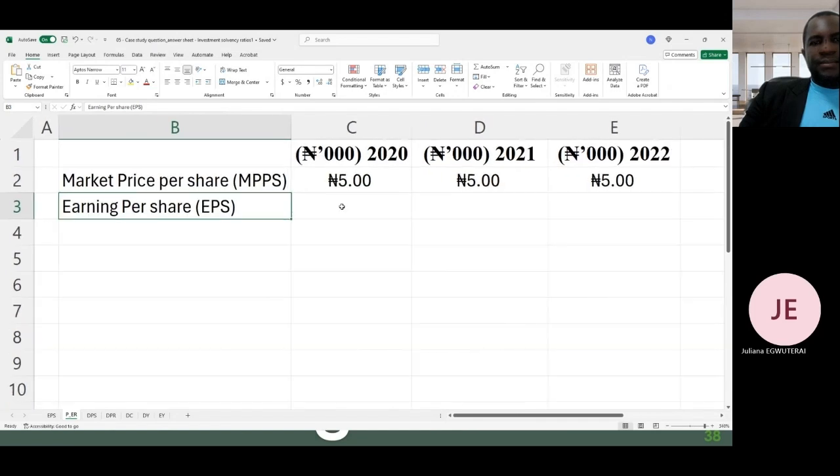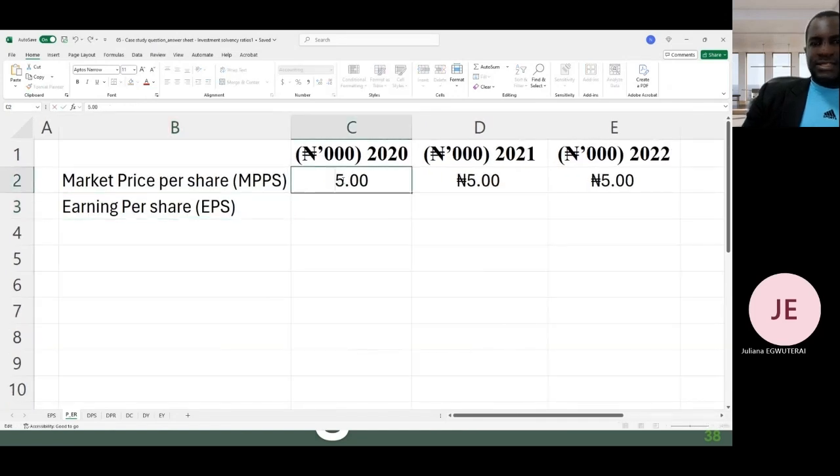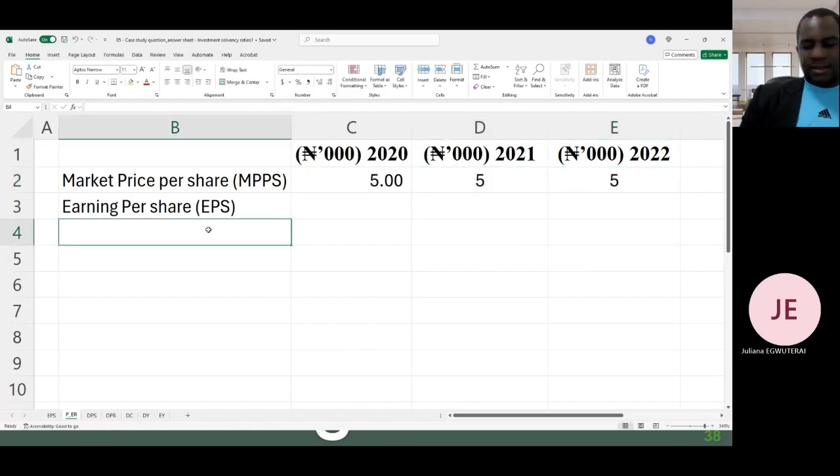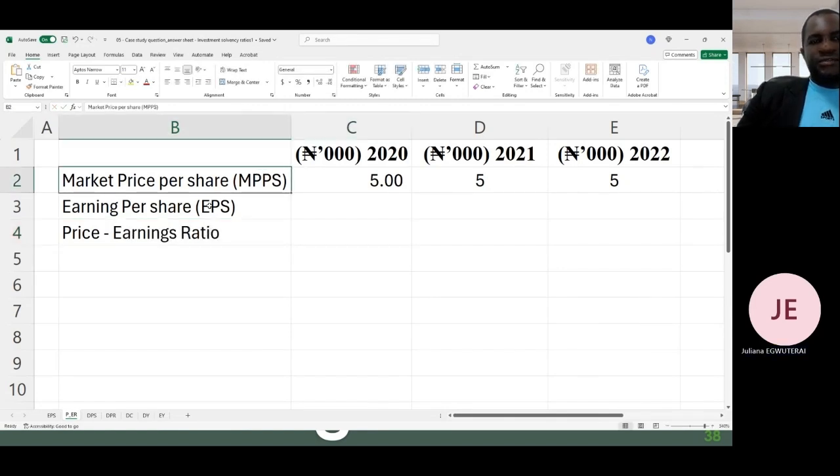So with our 5 naira now, let's calculate the price to earnings ratio. Yes, so it's market price per share divided by the earnings per share.